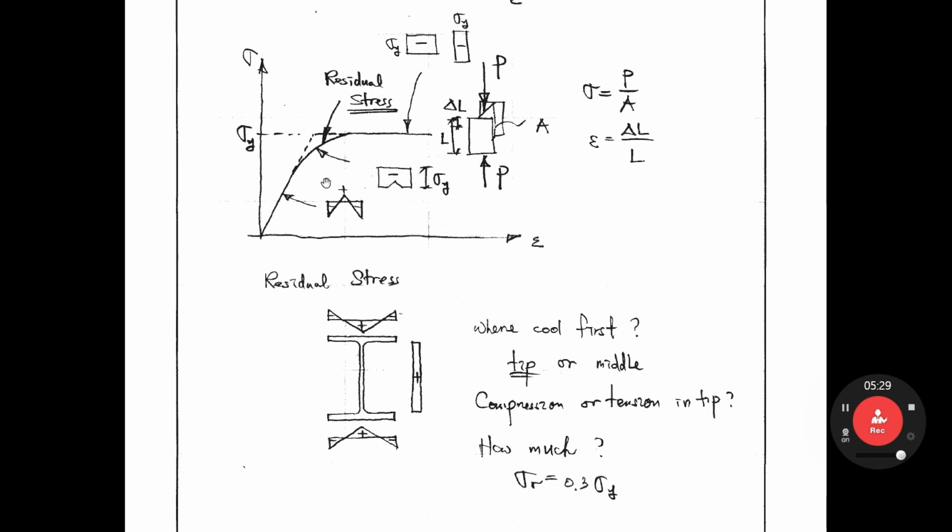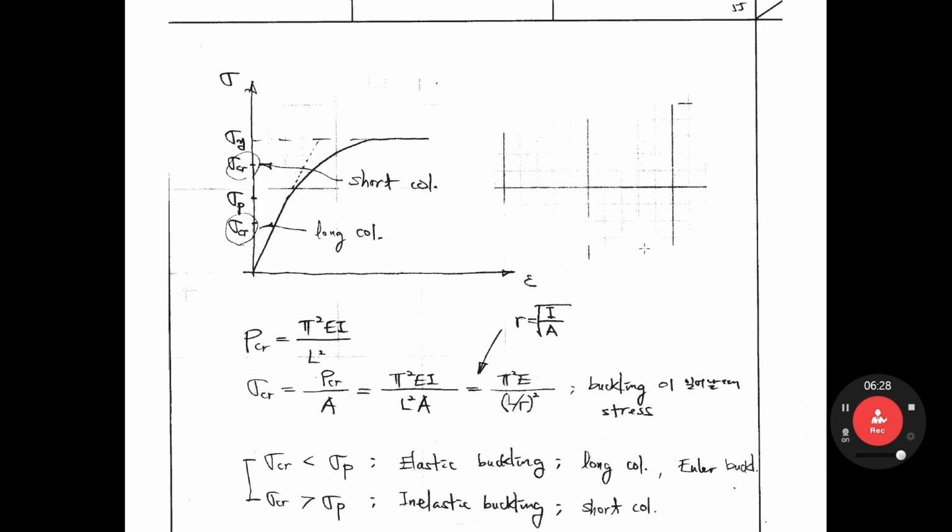After some part has yielded, there is no resistance against additional force, so we call it the inelastic range. Stiffness degrades like that. At this point, the whole section is yielding, so the section has no resistance against additional loading. So the curve is like that.